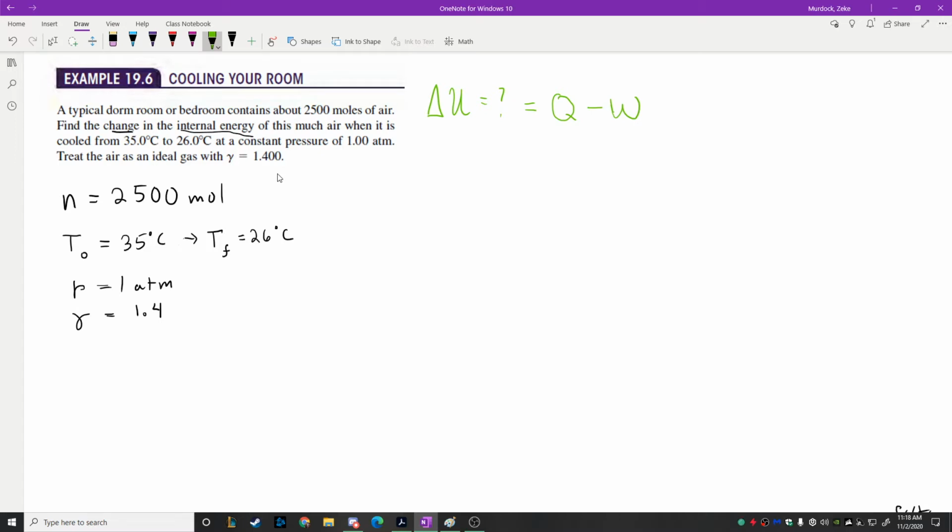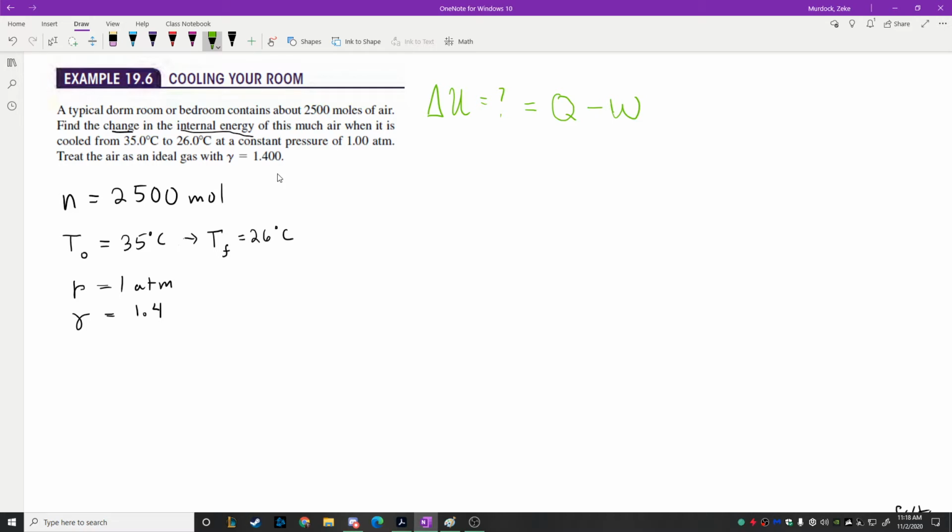In this problem, we're talking about a system where probably the volume is constant, because you're talking about a room. The room isn't going to change its size.